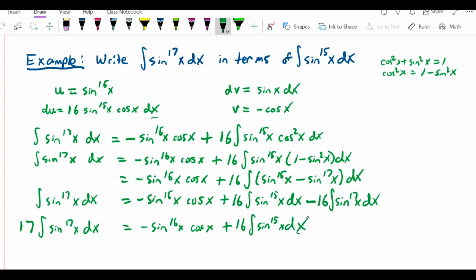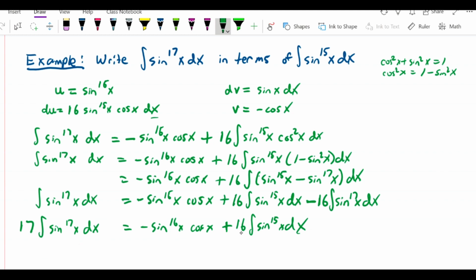Now, recall what the original problem was, looking up here in blue. The problem was to write sine 17th x in terms of sine to the 15th x. We're almost there. We know what 17 times the integral of sine to the 17th x dx is in terms of sine to the 15th.